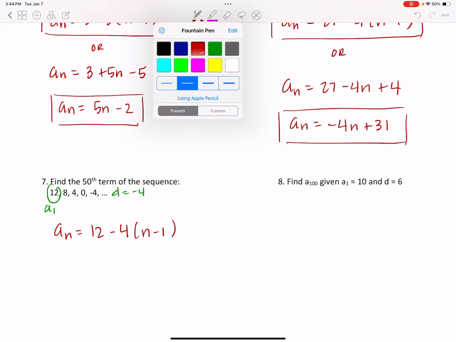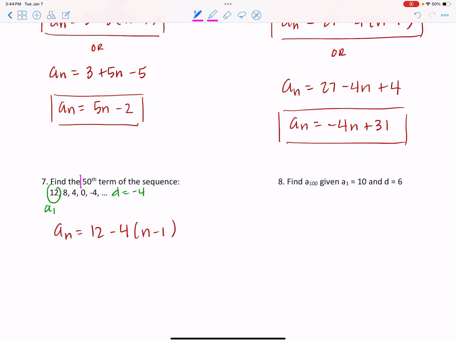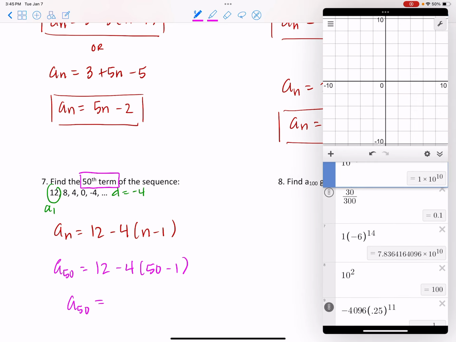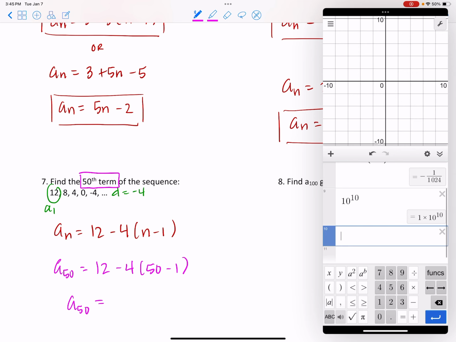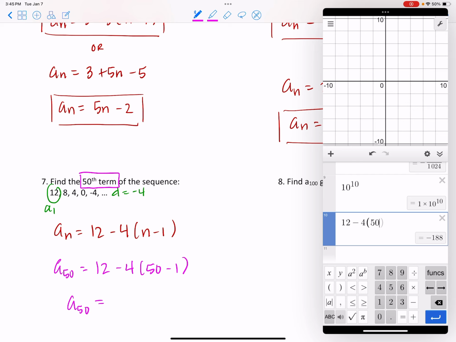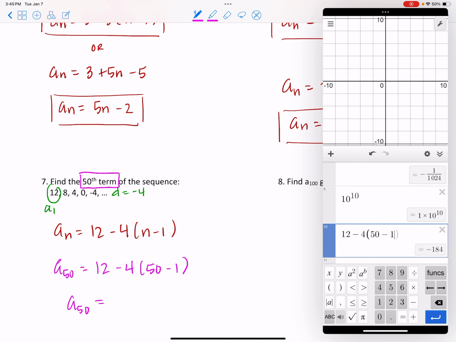And now I want to find the 50th term, so I want to find a sub 50. So 12 minus 4 times 50 minus 1. And then just go to my calculator for the arithmetic. So 12 minus 4 times 50 minus 1 means that the 50th number on this list would be negative 184.